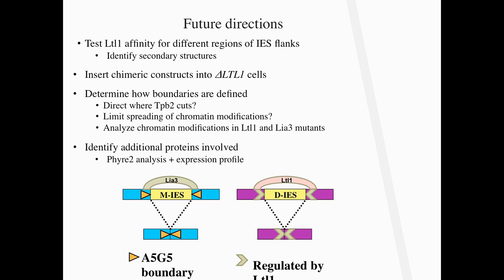How can I reconcile? What I would say is that, for one, we think it's important, at least in tetrahymena, that you have these boundary controlling regions because of the span of sequence that these are able to eliminate. And we know at least that LTL1 regulates the adjacent IES to what Lia3 does.